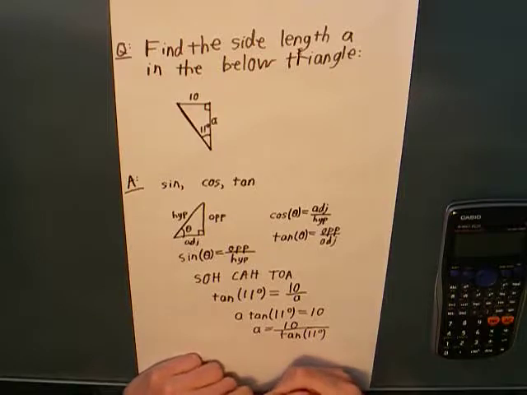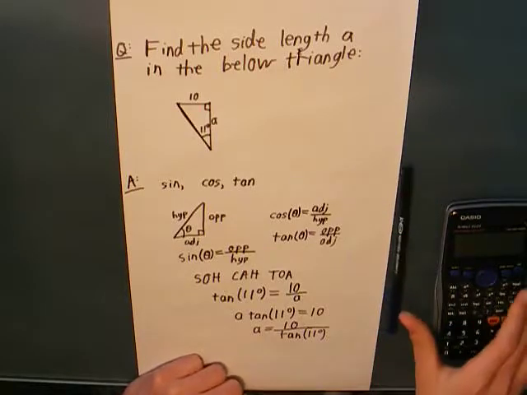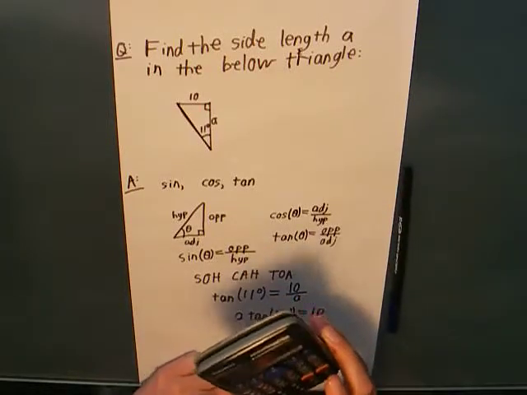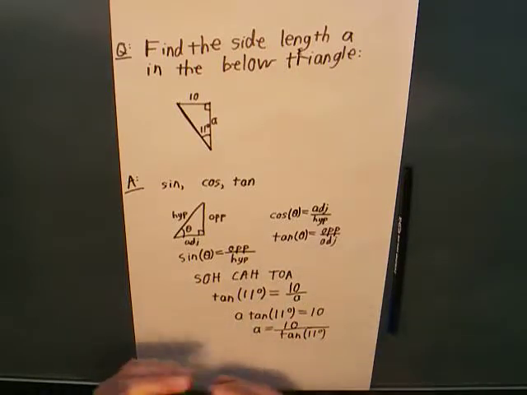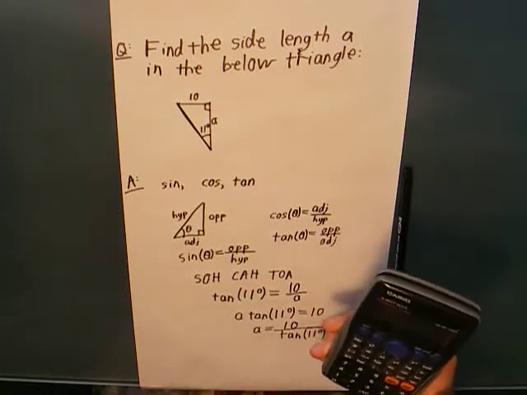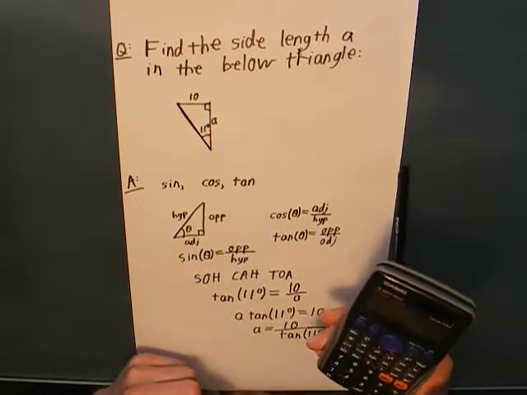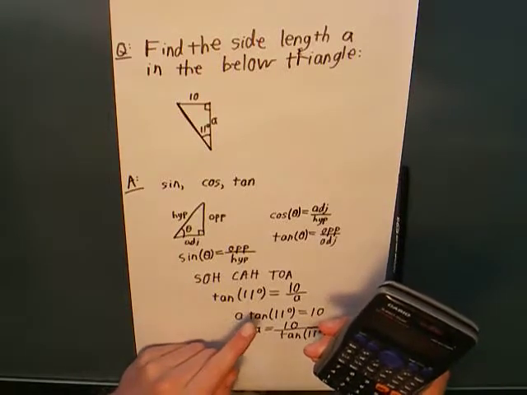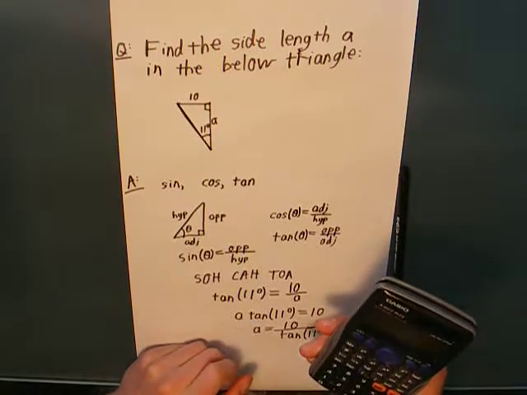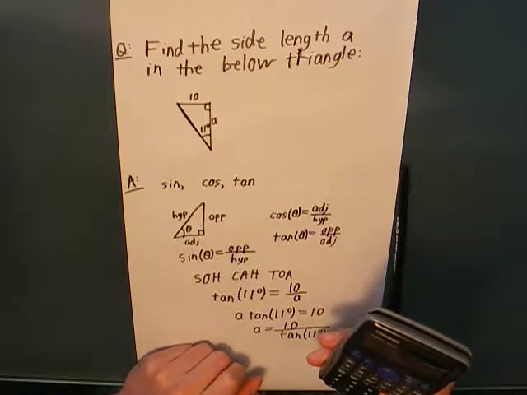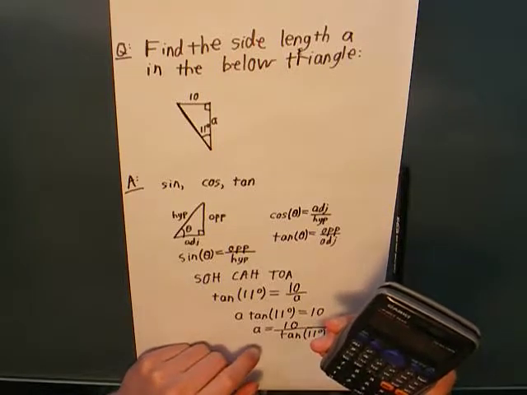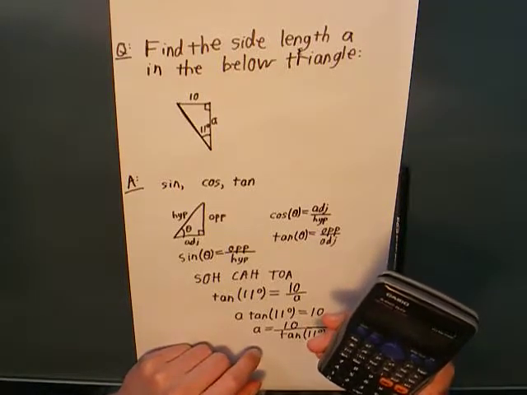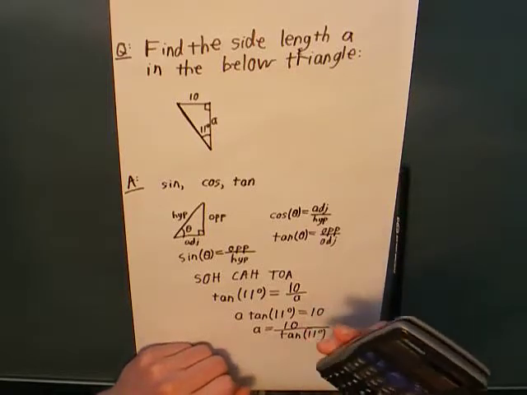Okay, now you can see I've got my calculator here. What I'm going to use it for is to calculate the tangent, because these trigonometric functions, sine, cosine and tan, are virtually impossible, if not impossible, to work out by hand, because the numbers are so long. There's so many decimal places involved.